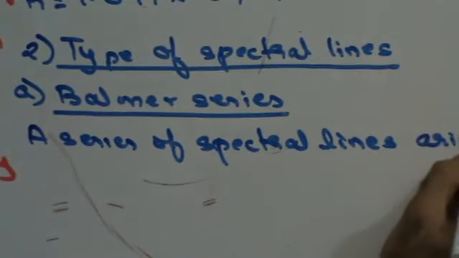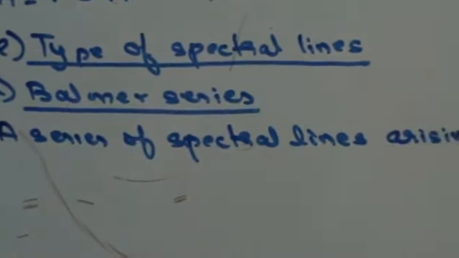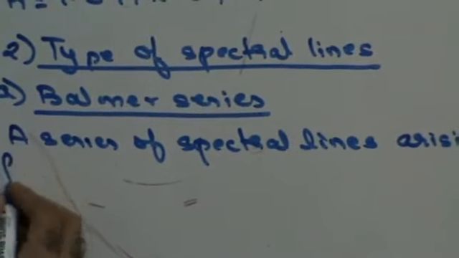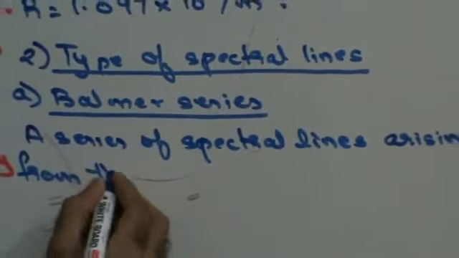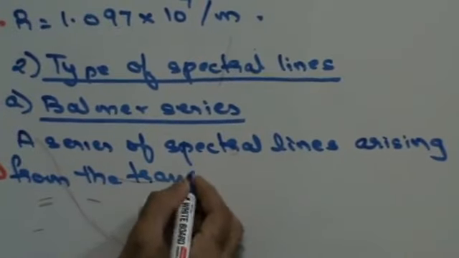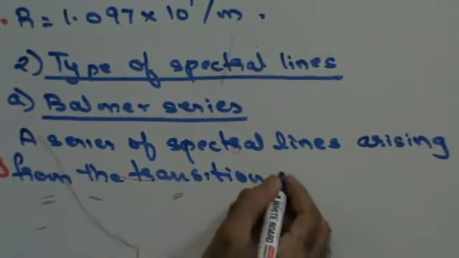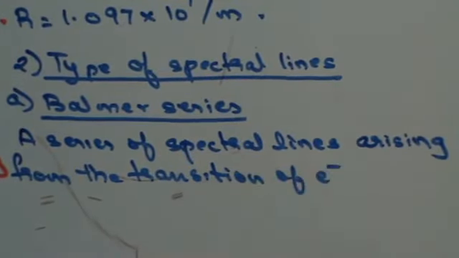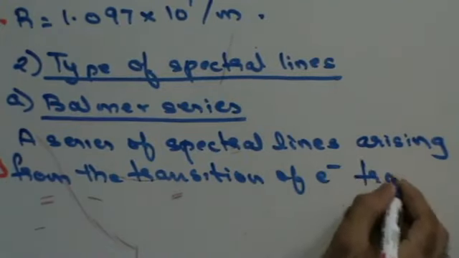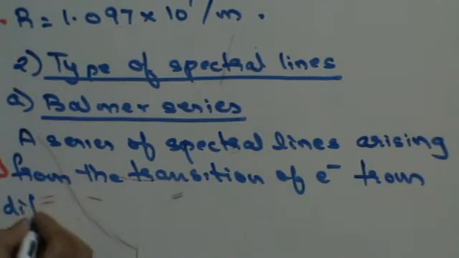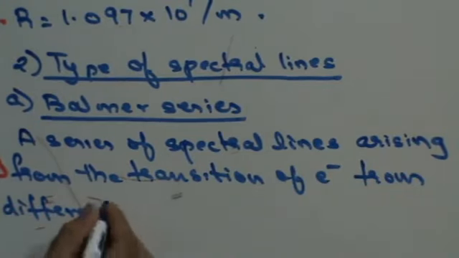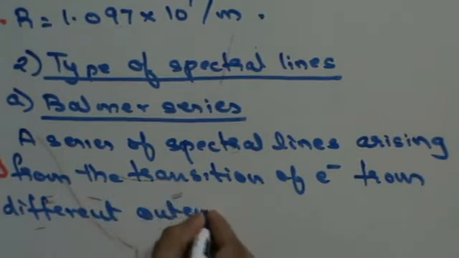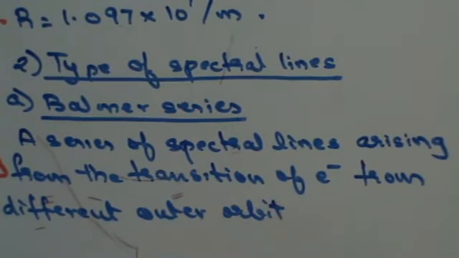arising from the transition of electrons from different outer orbits to a quantum number p equal to 2.